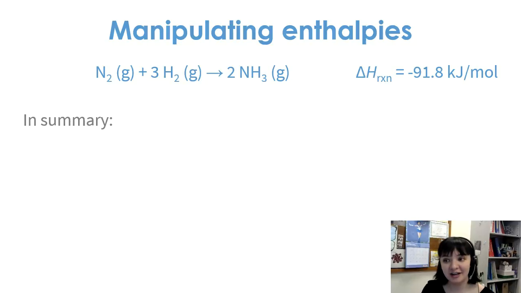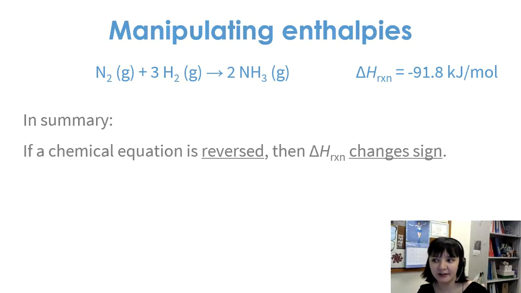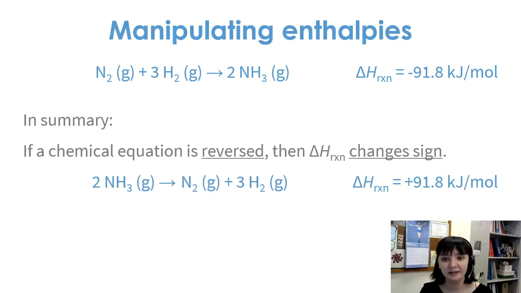What we just saw in the previous slides was that if we reverse this chemical equation, then our resulting delta H is going to flip in sign. So my reversed equation reads as 2 moles of NH3 producing 1 mole of N2 and 3 moles of H2. That has a delta H reaction of positive 91.8 kilojoules per mole.